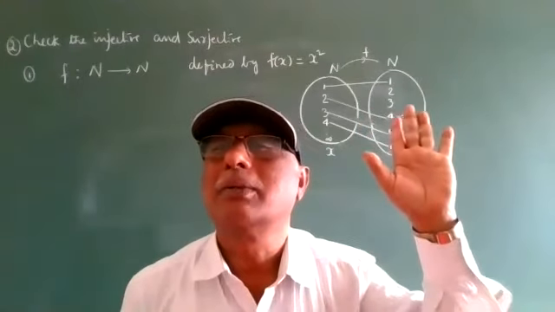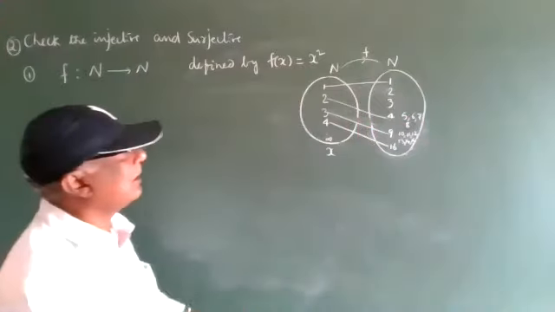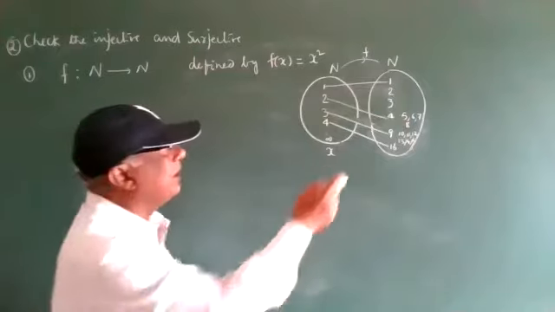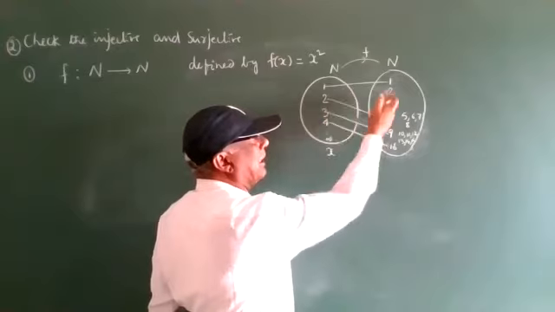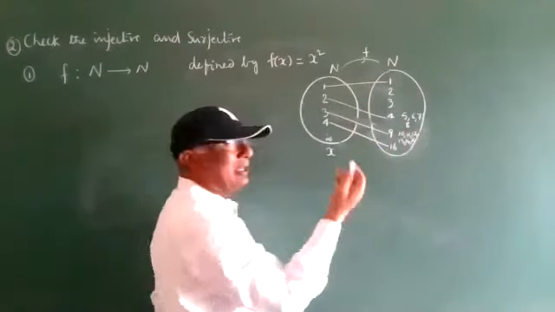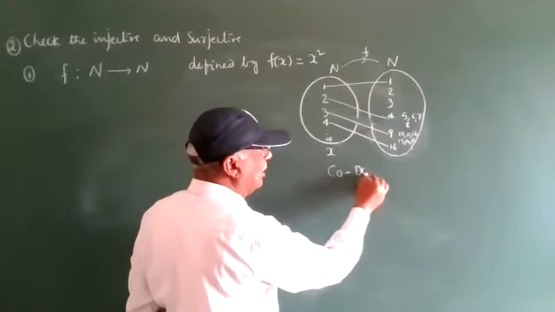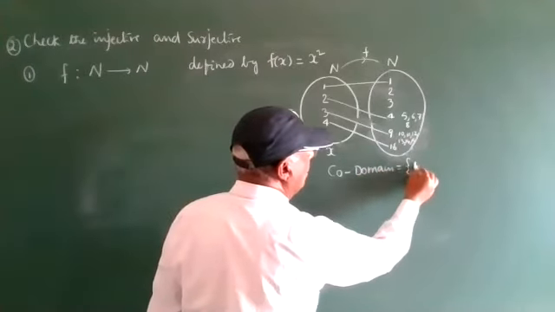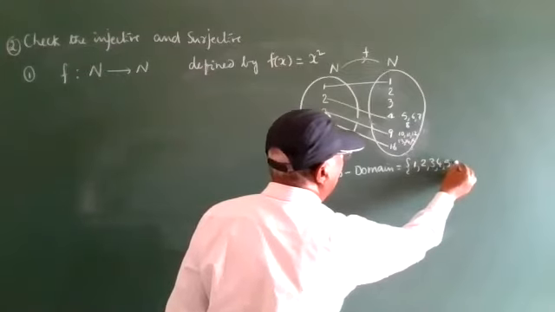Now the second part. We can see it is not onto. Why is it not onto? Because 2 has no pre-image, 3 has no pre-image. The range is 1, 4, 9, but the codomain is 1, 2, 3, 4, 5 up to infinity.